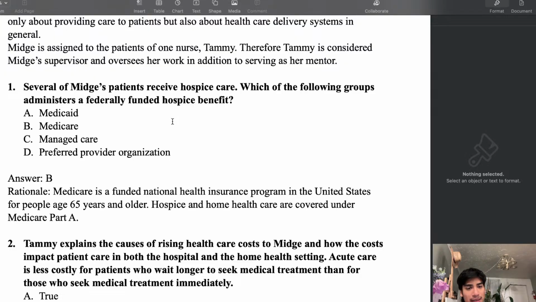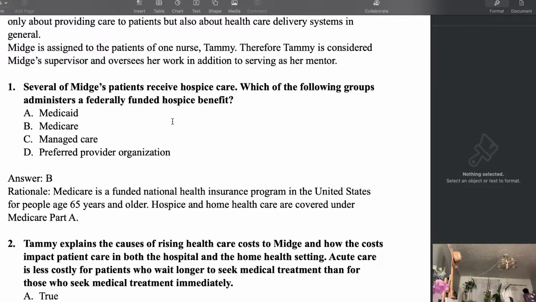So if you guys don't know, Medicaid is for people who can't afford insurance, low income, basically. And Medicare is specifically about old people. So people who are above the age of 65, people with renal diseases, and I forgot the other stuff, but there's Medicare specifically for older people.